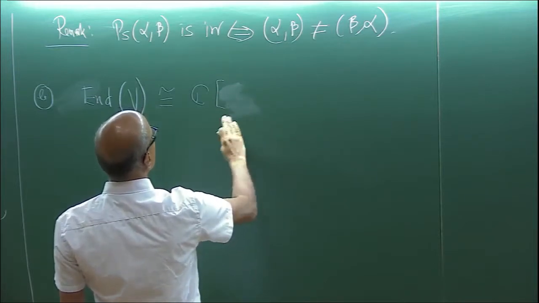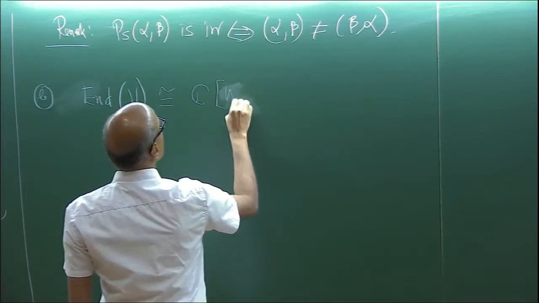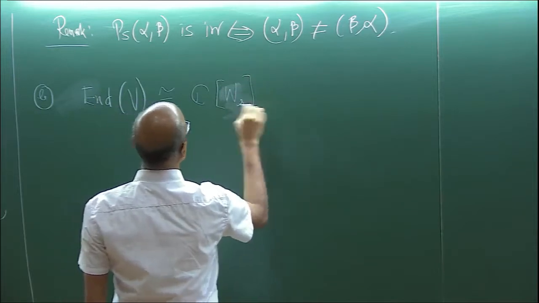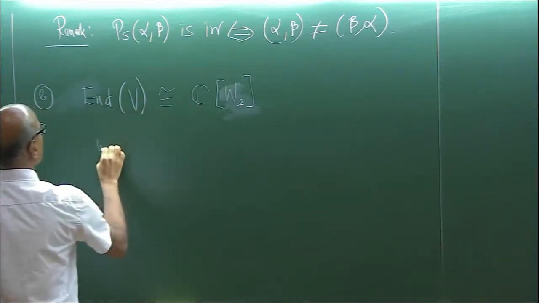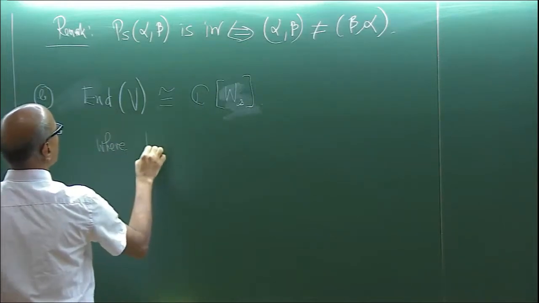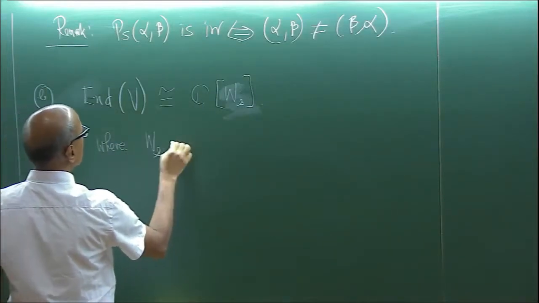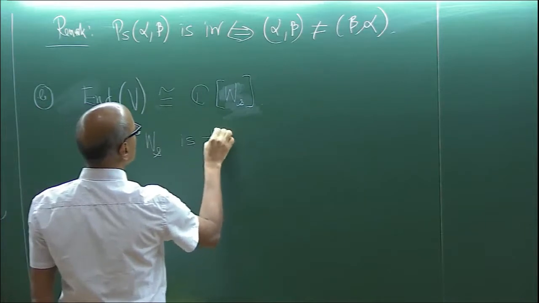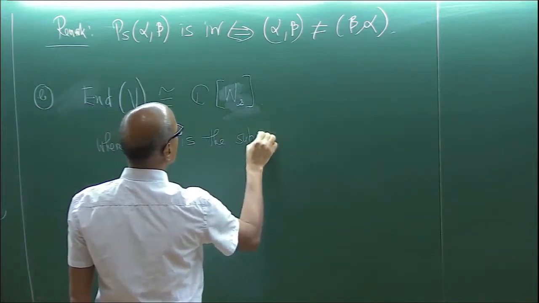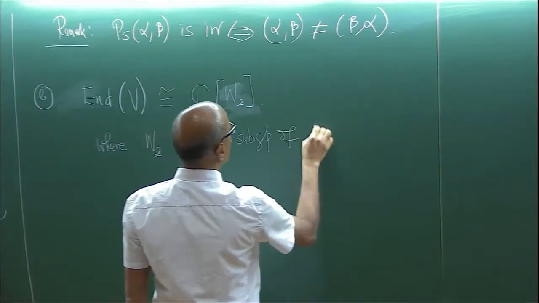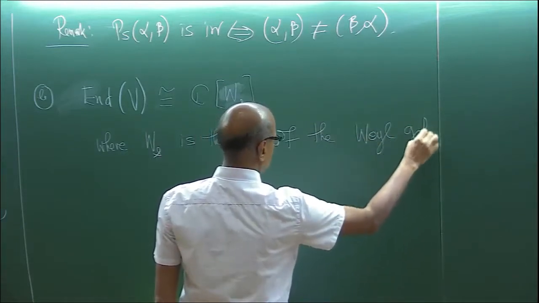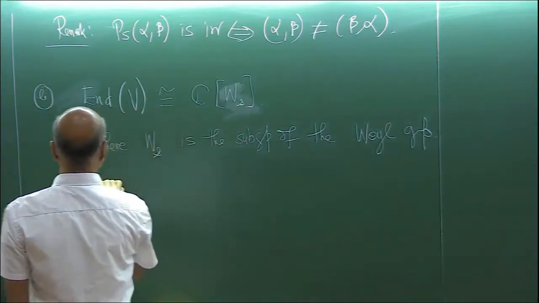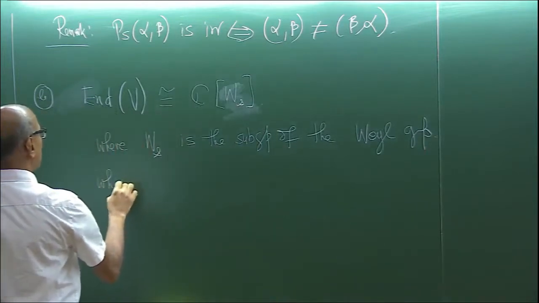So I'm using W for too much. So let's call it WS, where WS is the subgroup of the Weyl group which stabilizes.